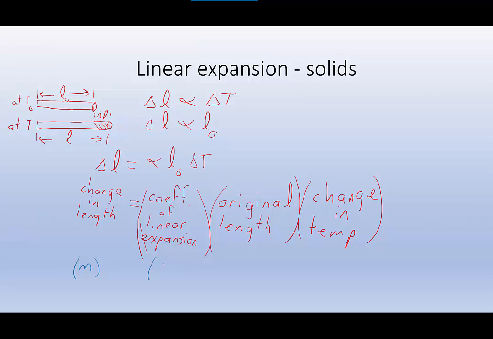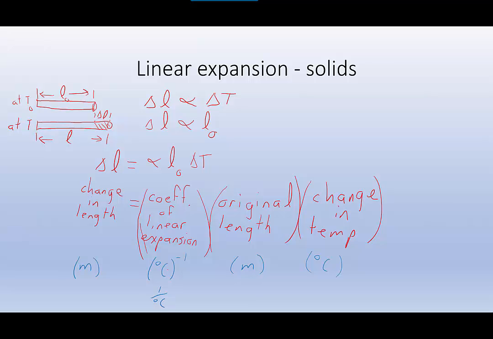Our coefficient of linear expansion is in degrees Celsius to the -1, which we can also write as 1 over degrees Celsius. Our original length also needs to be in meters, and our change in temperature needs to be in degrees Celsius. So you can see that as we go through, we have a 1 over degrees Celsius times a degree Celsius. Those units will cancel, and we end up with meters equaling meters, which is what we want.